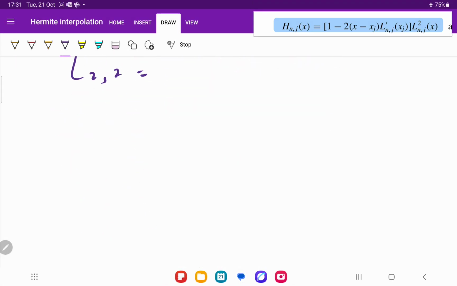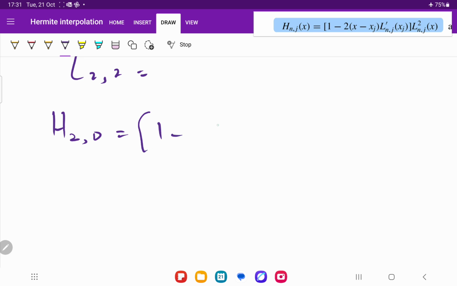So first of all, you have this formula, and we decided that n is 2 and j is considering values 0, 1 and 2. So first of all, we'll put 0 for j.